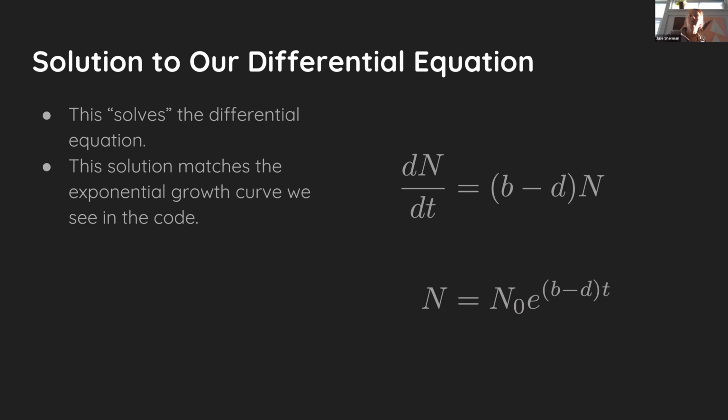So our differential equation has the following solution. We can figure that out by hand. And we see that now our N of time t is an exponential equation. So that means that this equation corresponds to exponential growth or decay, depending on the sign of b minus d, right?